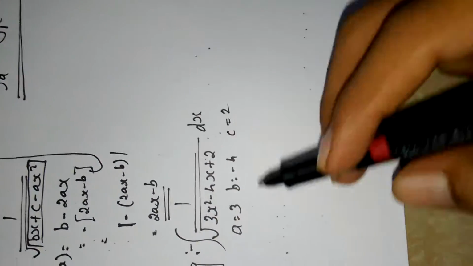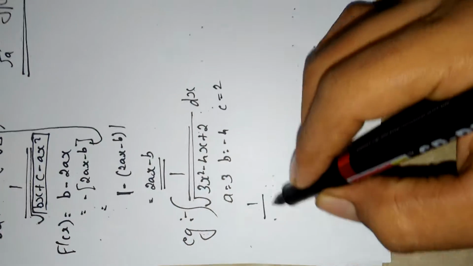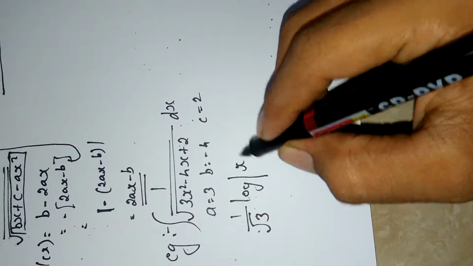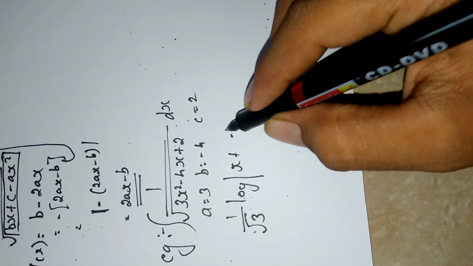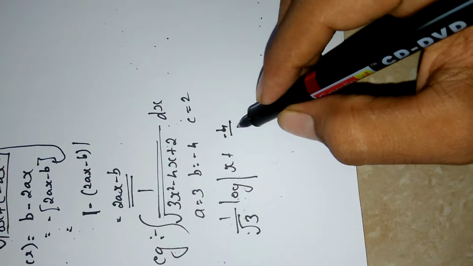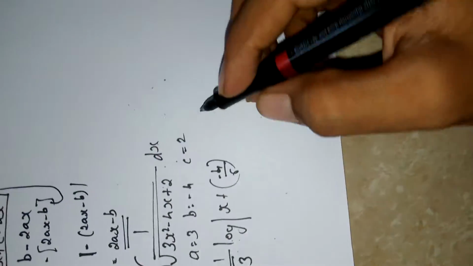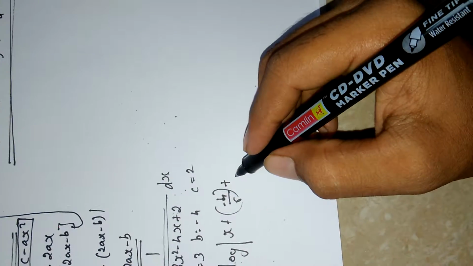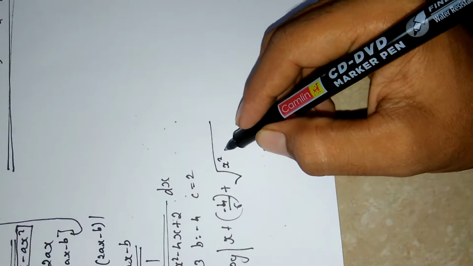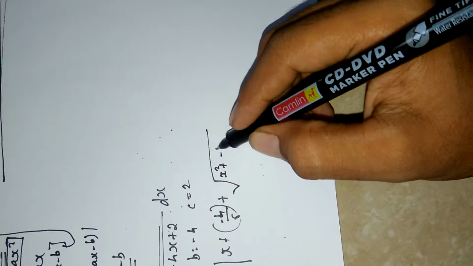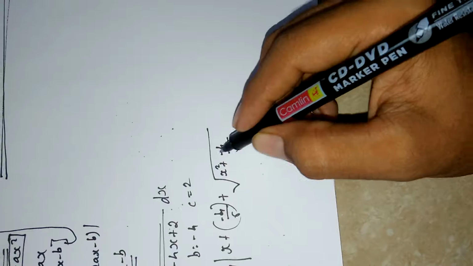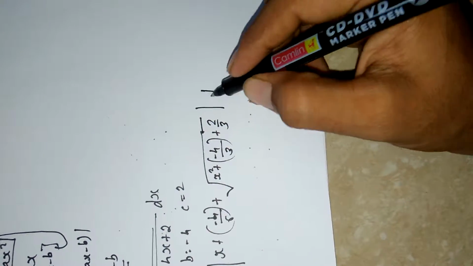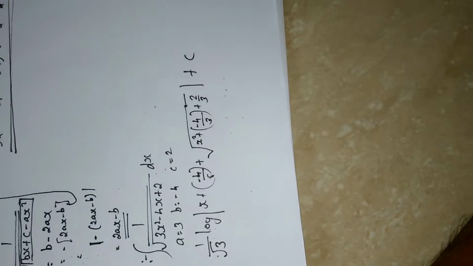So directly putting the values: 1 upon under root of 3, log of x plus minus 4 upon 2 times 3, which is 6, plus under root of x square plus minus 4 upon 3 x plus 2 upon 3, plus c, and this is your final answer.